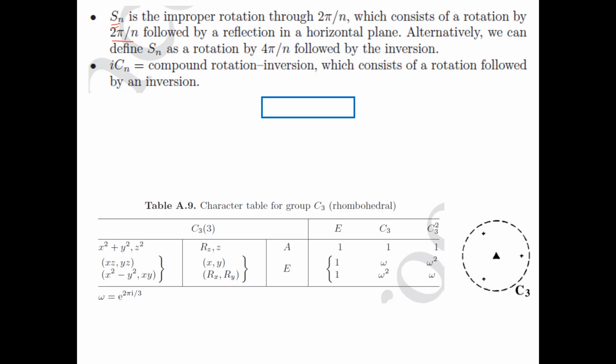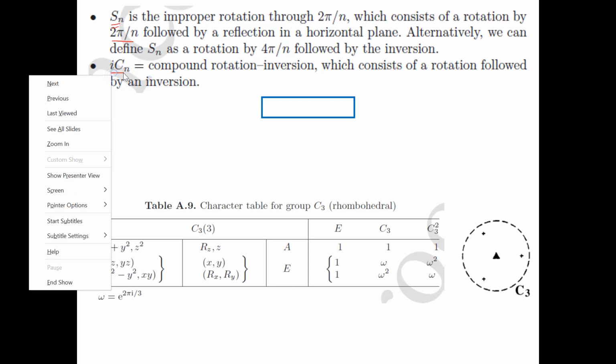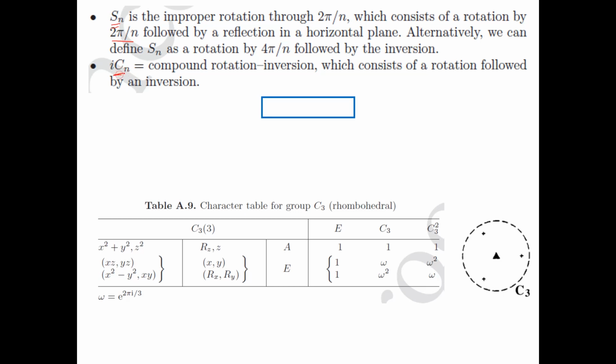We saw this two lectures ago when we discussed the symmetries of the tetrahedron: the improper rotation Sn, rotation followed by reflection. And you can also have combinations like iCn, which is a combination of the inversion and the rotation Cn. Okay, so these are the most common symmetry operations in the Schoenflies notation.